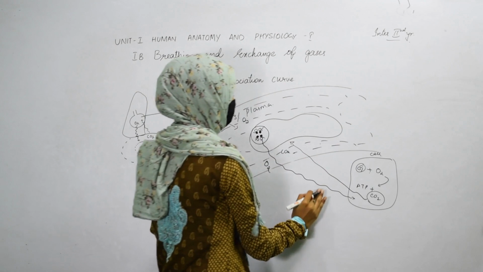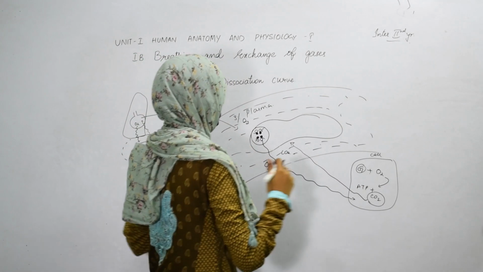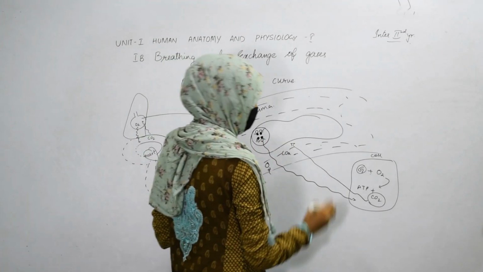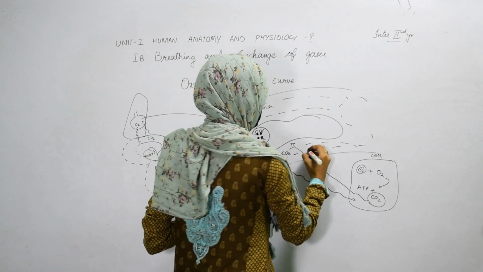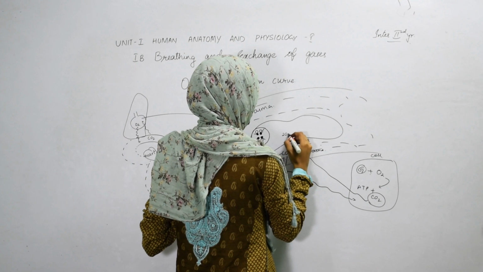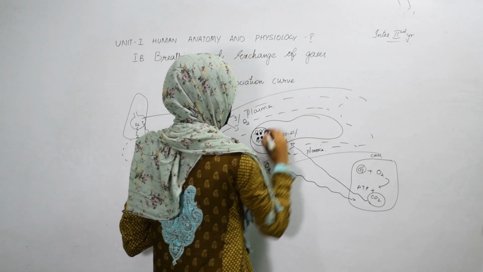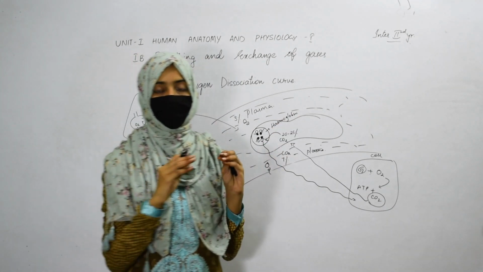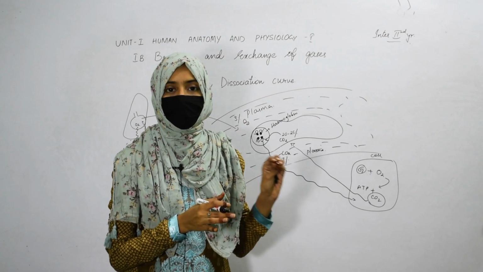Now during this process, many things can be seen. So what are those things? Let us see. First thing is, out of 100% of carbon dioxide, 7% of carbon dioxide is dissolved in our plasma, and 20 to 25% of carbon dioxide binds to the hemoglobin. In the previous session I already told you that once the oxygen binds to the hemoglobin, that hemoglobin is named oxyhemoglobin.